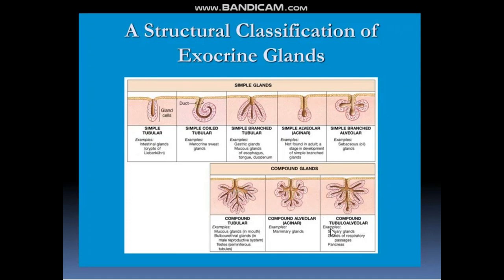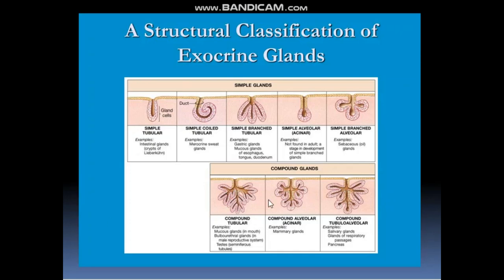They are further categorized according to the morphology of the secretory units, and here you can see tubular, acinar gland, or if they have both of them, it will be tubular alveolar glands.